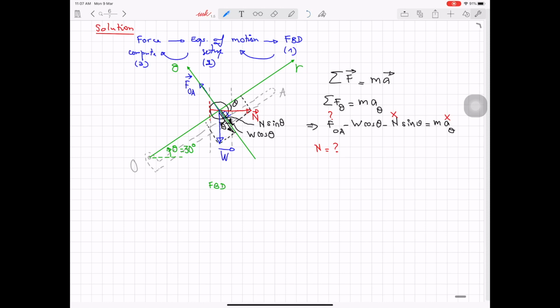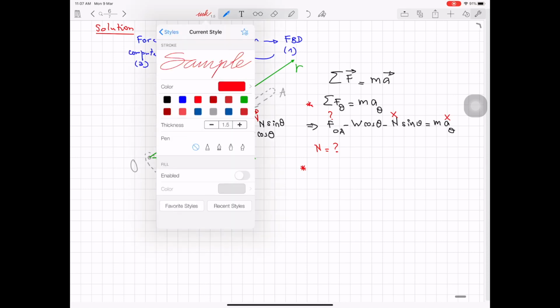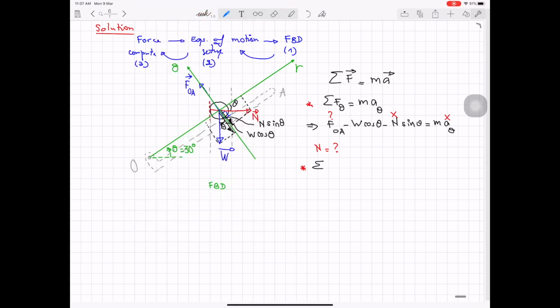Since it has another component, I'm going to express the equation of motion in terms of the radial forces. So on the radial axis, the sum of the forces is equal to the mass times the radial acceleration. So what are the forces in the radial axis?